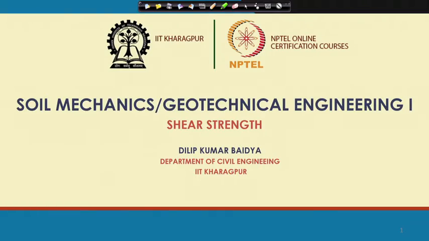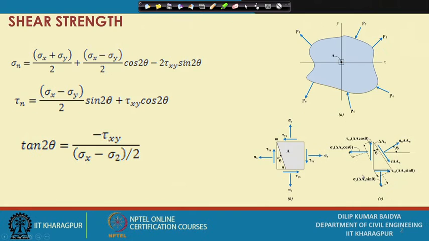For that, let us take this plane. On this plane there is a normal stress, so normal stress into the area, which is A n. The area of this side will be A n cos theta, and similarly the other will be A n sin theta.